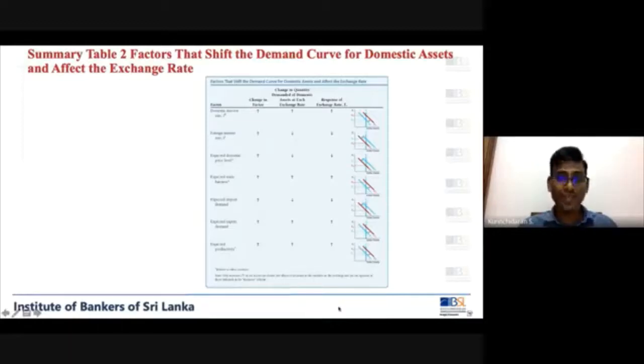When the local assets demand, that means dollar demand, decreases, definitely the exchange rate will decrease. That means the value of the dollar will decrease. So you can see in the graph, D1, that means the demand for dollar curve, moves inwards to D2, and the new equilibrium exchange rate might be E2.